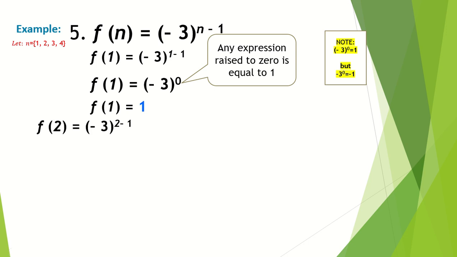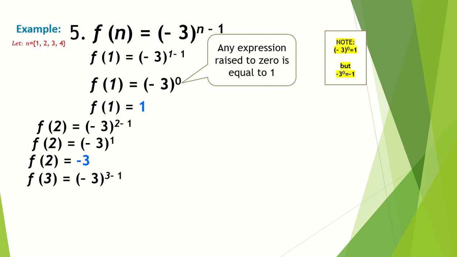So, f of 1 is equal to 1. For the second term, replace n with 2, and it will give you f of 2 is equal to the quantity of negative 3 raised to 1, which is negative 3. For the third term, replace n with 3, and you simplify it as the quantity of negative 3 squared. But wait, you have a negative base and an even exponent.